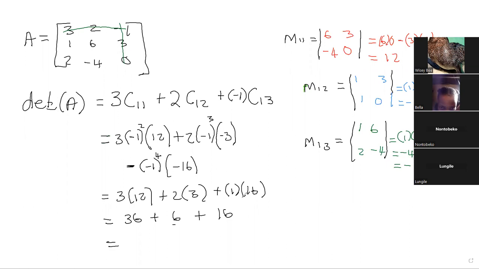C12. That's minus 6. Right? Oh, how did I get minus 3? C1 and then 2. Oh yeah, I messed up here. Should have put in 2 here.